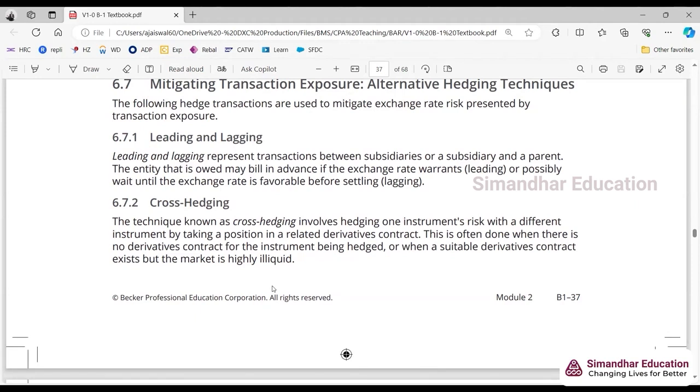We'll see that the Nepalese currency has a very high positive correlation with Bhutan, and in Nepal there are derivative instruments. So what we will do, we'll go into a cross hedge. Since we don't have an option available for Bhutan, we will go into a hedge for the Nepalese currency, and whatever we gain or lose on it will offset to some extent the loss from the Bhutanese currency. Okay, are you getting it?